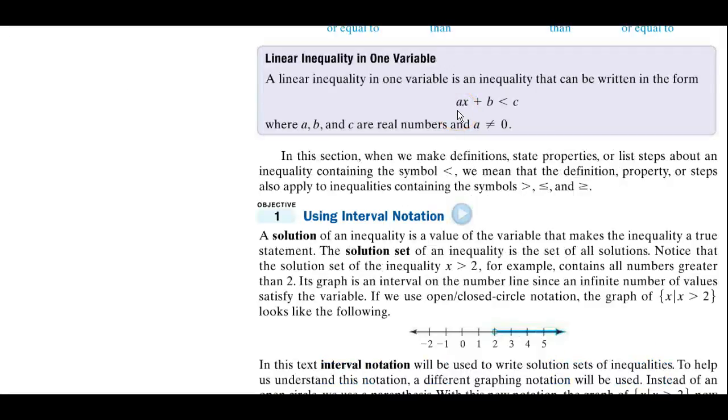Now, the standard form of the linear inequality is very similar to what we had before: ax plus b is, let's say, less than c. The standard form of the linear equation had an equal sign here. Now we're having an inequality sign.